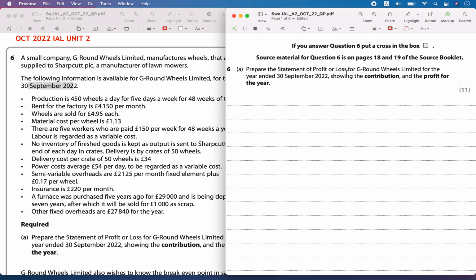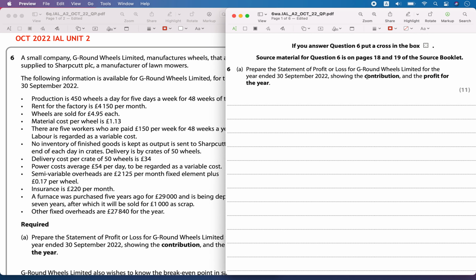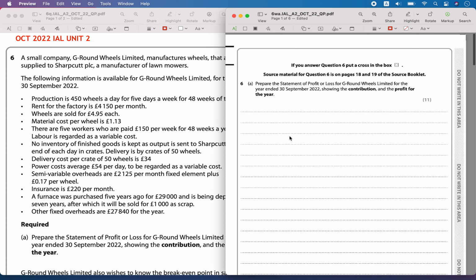It says prepare the statement of profit or loss for G Round Wheels Limited for the year ended 30th September 2022, showing the contribution and the profit for the year. When you look at all this, you should be able to identify that there are variable costs and fixed costs, and you are supposed to calculate contribution and hence the profit.